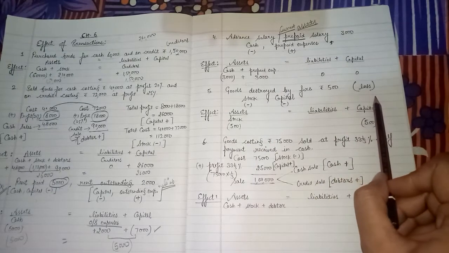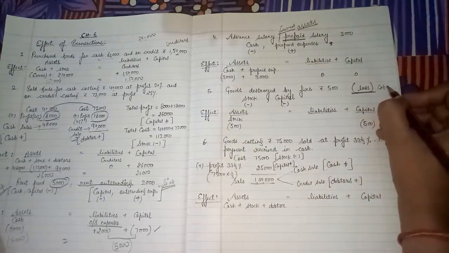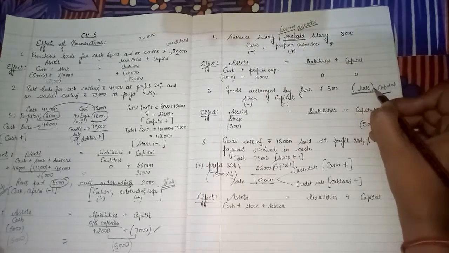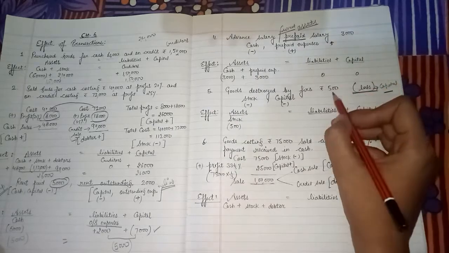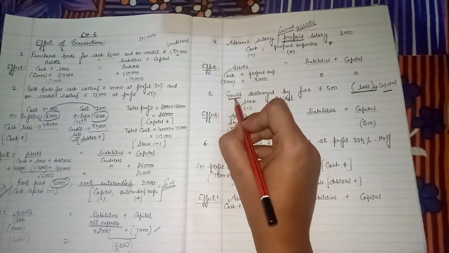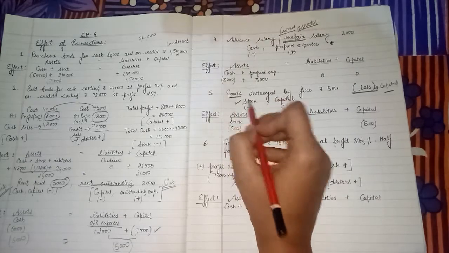It is our loss. All losses go to capital. Clear? All losses go to capital. So 5,000 loss is deducted from capital, and another effect, goods. Goods are destroyed means goods are reduced. It will affect our stock.